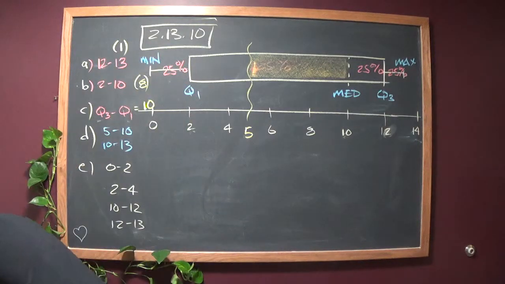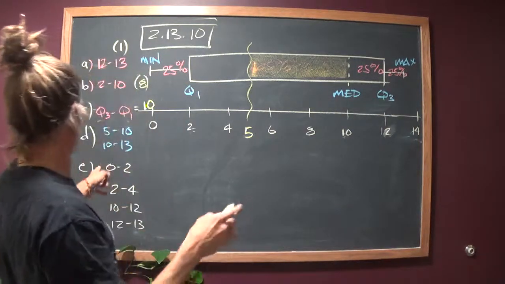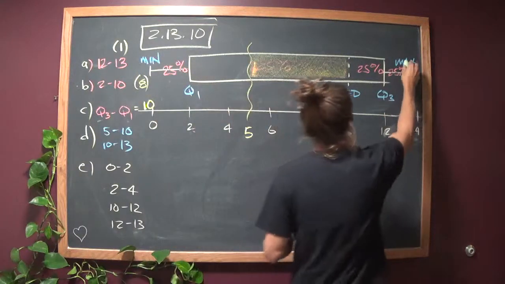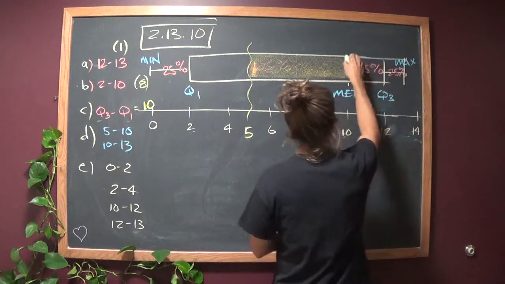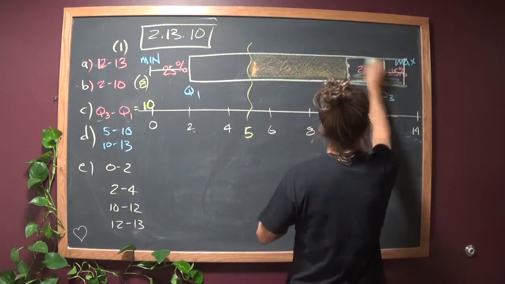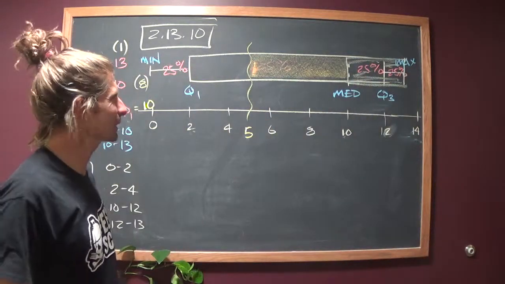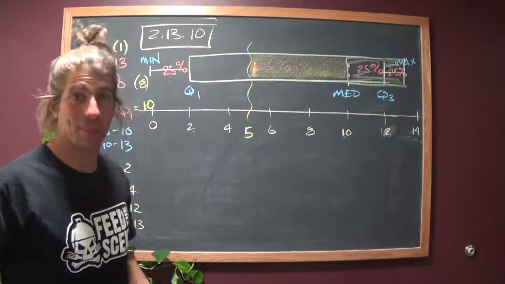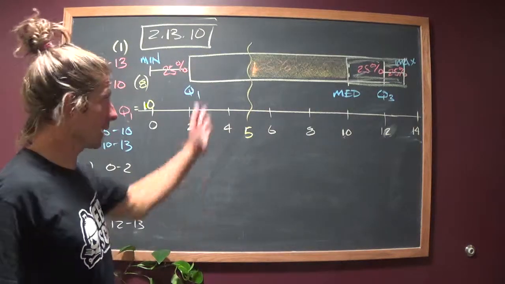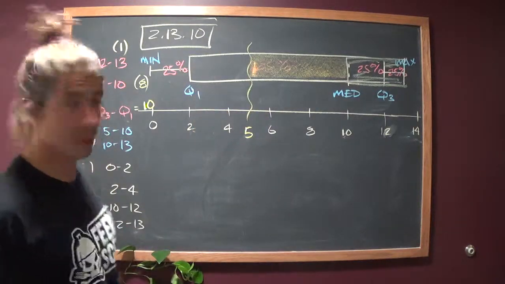Let's now look at the data range between 10 and 13. Well, that would be here, all the way to the median. Now, what percentage of the data lies between the median and the max? Boom! 50%. Half of the data lies above the median, which is what 10 to 13 would imply.